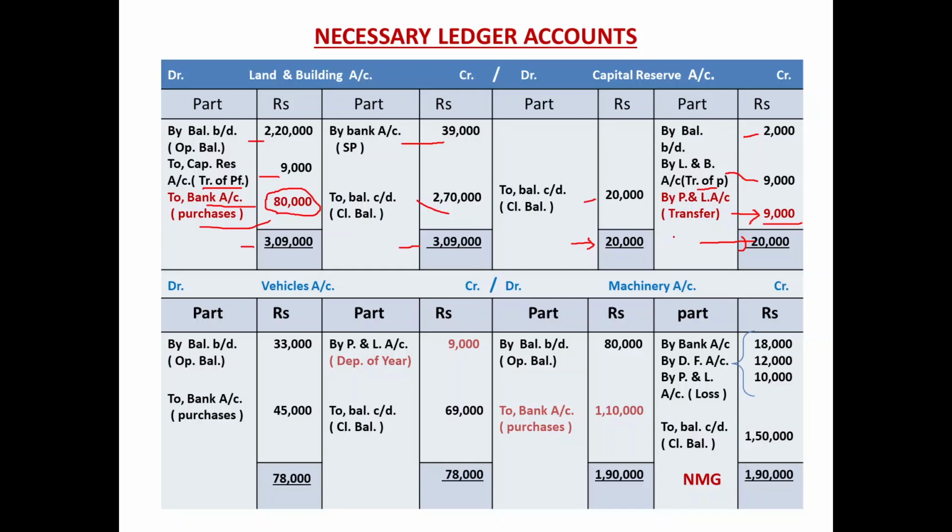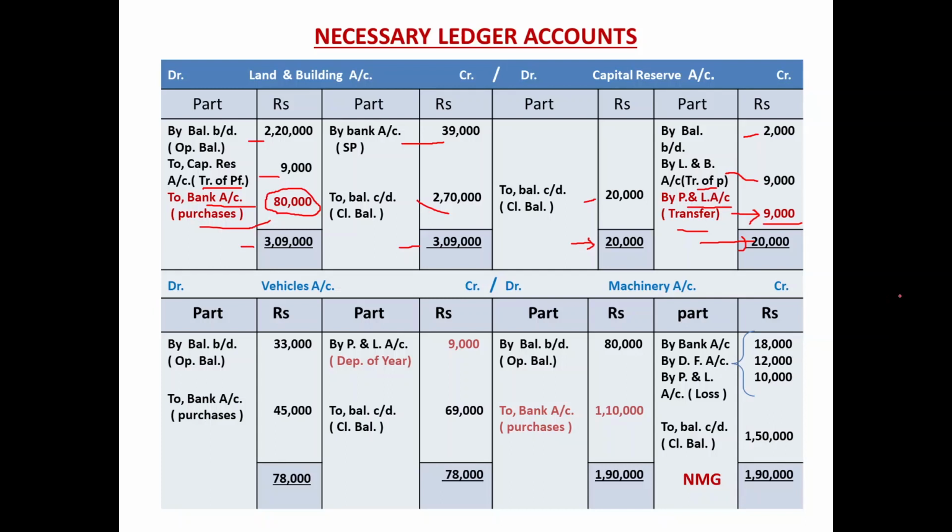Over here, the company has transferred rupees 9,000 to capital reserve account because there is no other transaction given related to capital reserve account. So this must be the transfer from the current year's profit and loss account, debited to profit and loss, capital reserve account credited. Account is over.